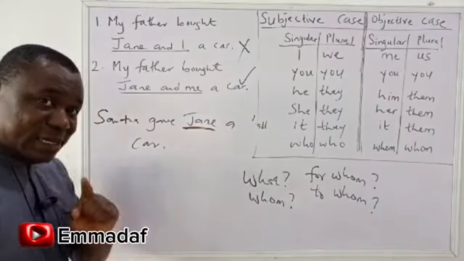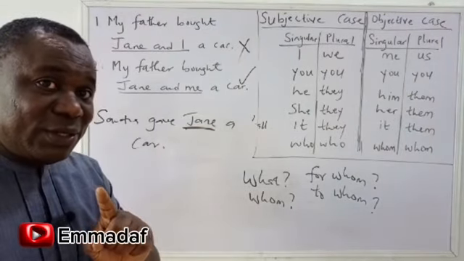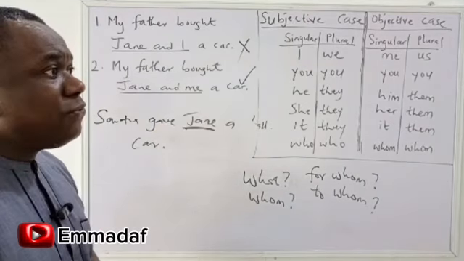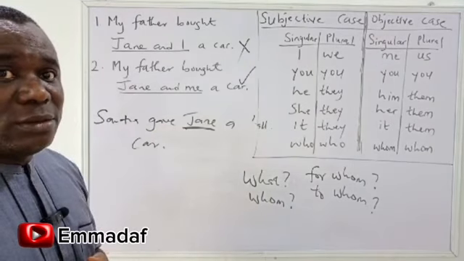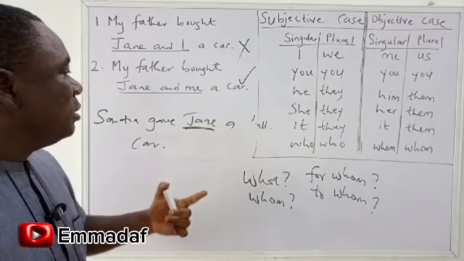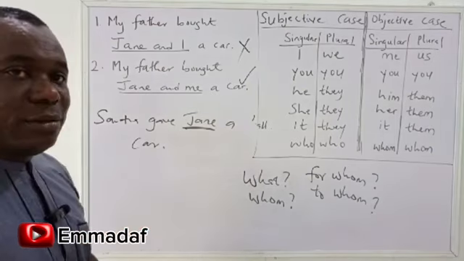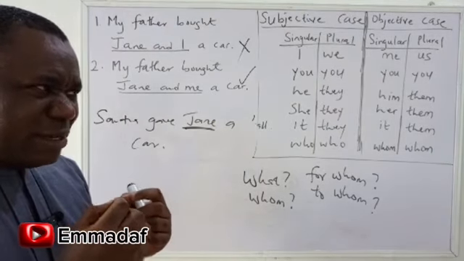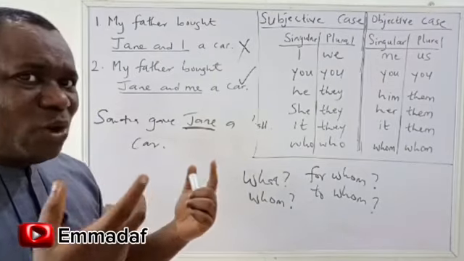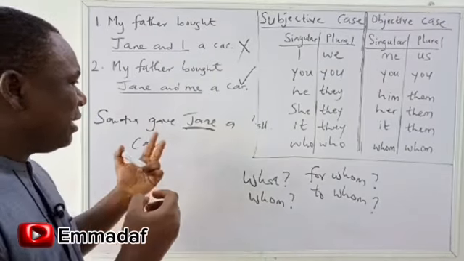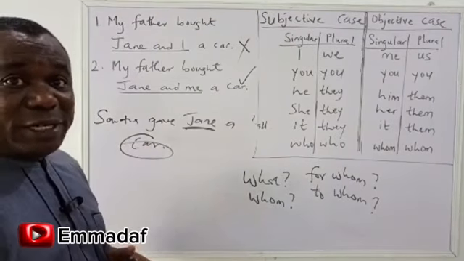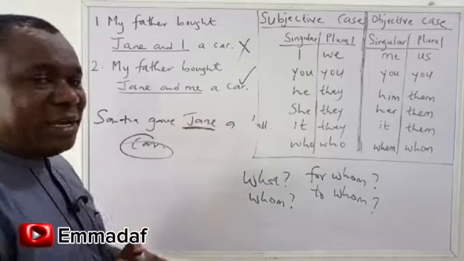This is the indirect object of this verb, gave. I'm looking for the direct object. What should I ask? What did Sandra give to Jane? It's a car. So this is the direct object of the verb, and this is the indirect object of the verb.